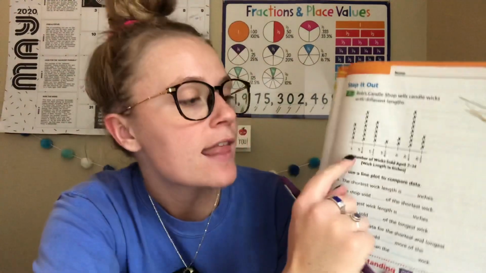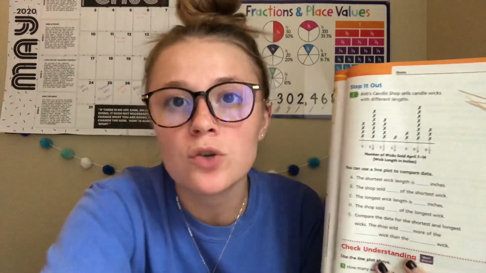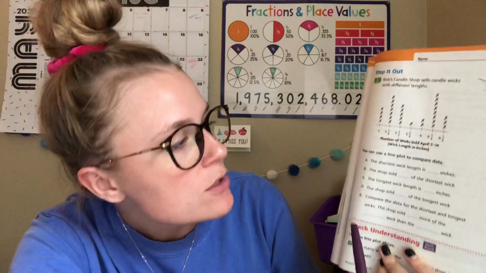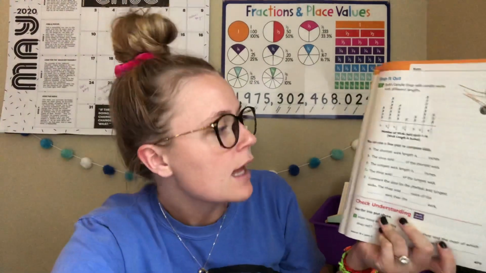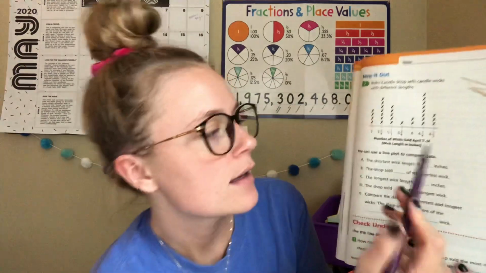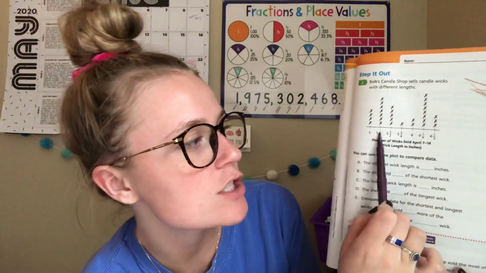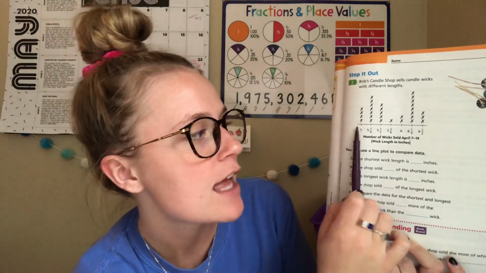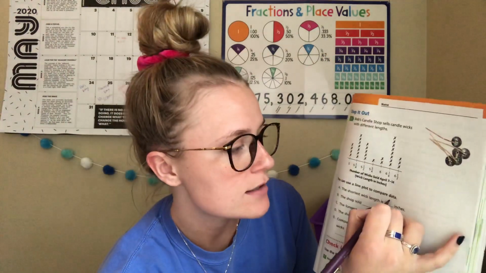Each X represents one wick that was sold, and the numbers show us the length of that wick in inches. You can use a line plot to compare the data. Part A says the shortest wick length is... If this is just a number line, the shortest number would be the furthest left, and that is 5 inches.